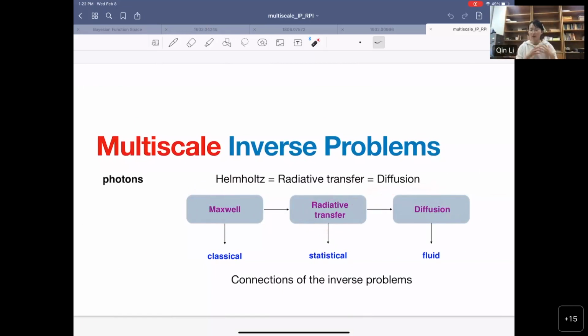So light gets described in different forms of equations. The conjecture now is: if I conduct the inverse Helmholtz, inverse radiative transfer, and inverse diffusion, are the three inverse problems also asymptotically somewhat equivalent? So that's my ultimate goal.